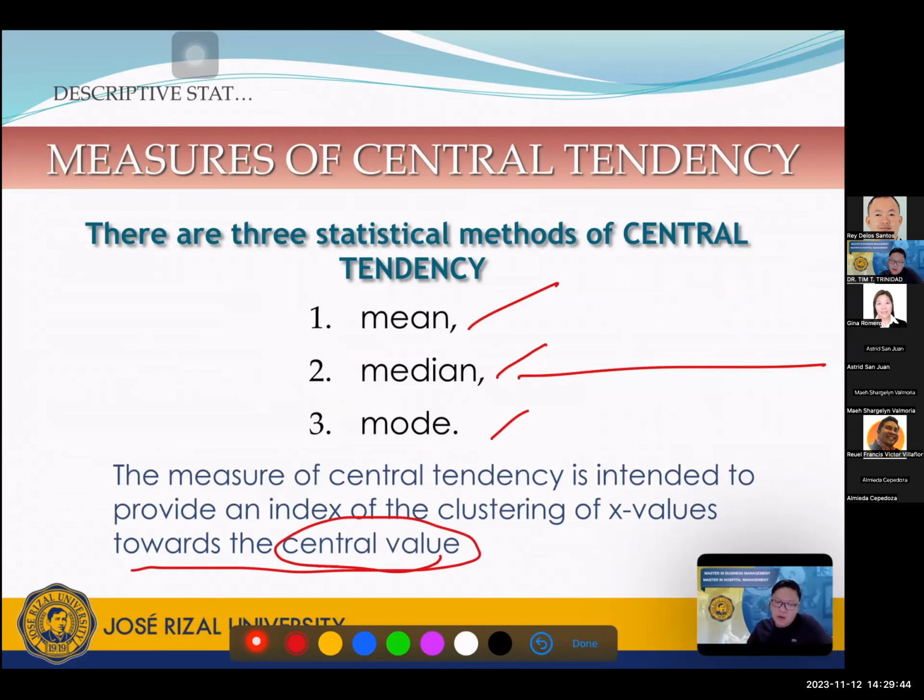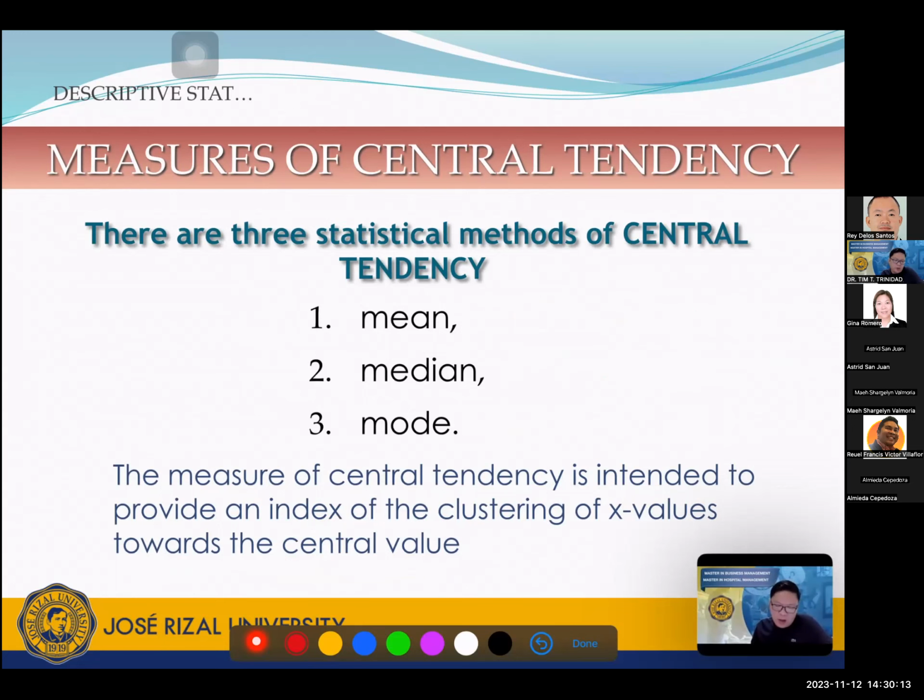So you look at your data, how they are located in terms of the middle value, okay, which is your mean. So you compare your data, kunyari yung score ni Sir Ray, compare mo kung gaano siya kalayo doon sa average or sa gitna ng mga test scores. So we will be providing measurements with that later on.